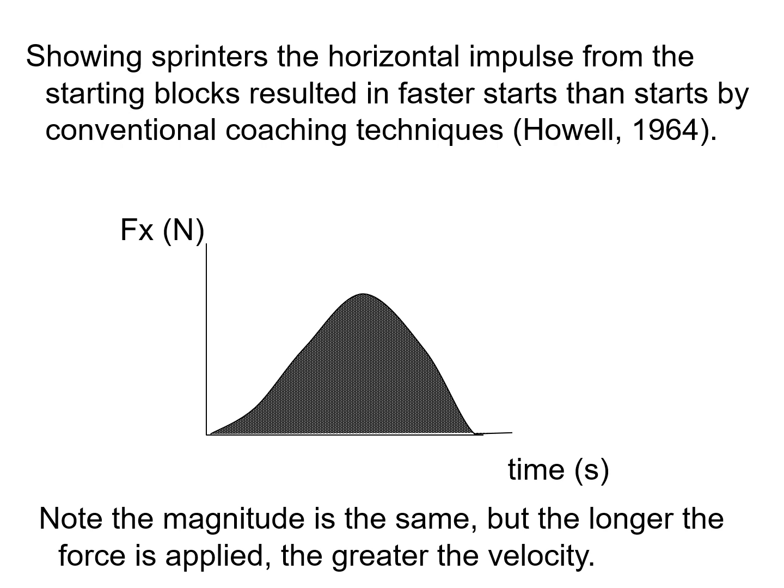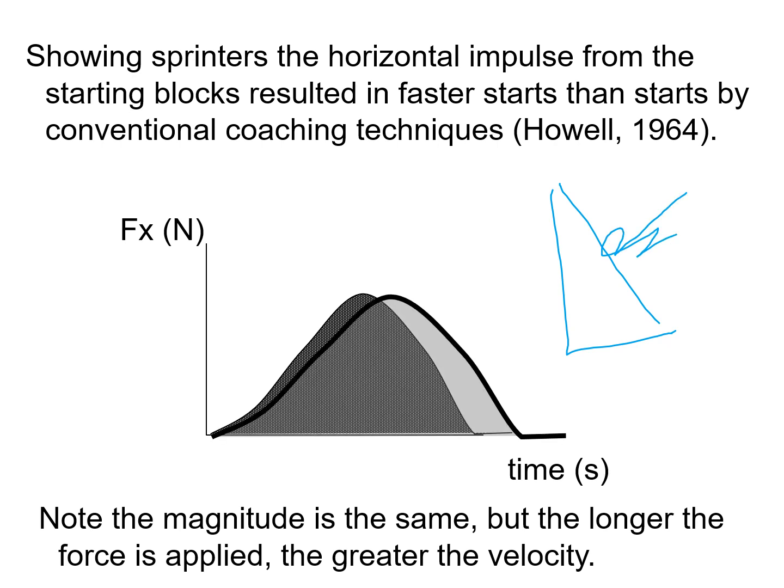Now, if we use a starting block like this, and they're placing their feet like this, we see that the magnitude of the impulse is the same. These peaks are generally the same, but it's applied over greater time. But the longer the force is applied, we see greater velocity. So this actually makes them faster off the blocks.